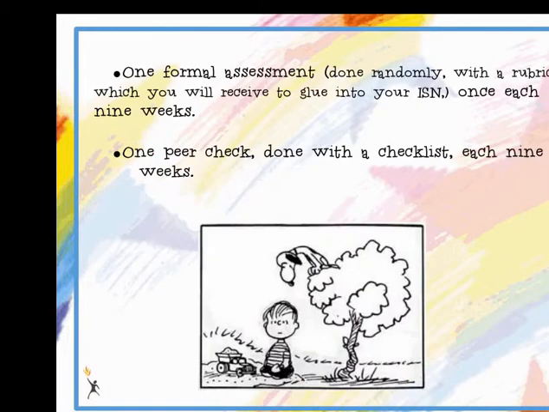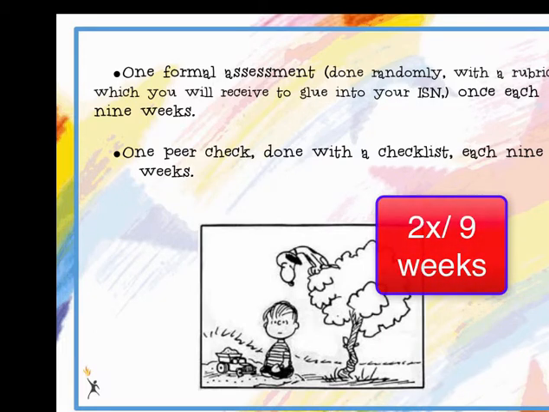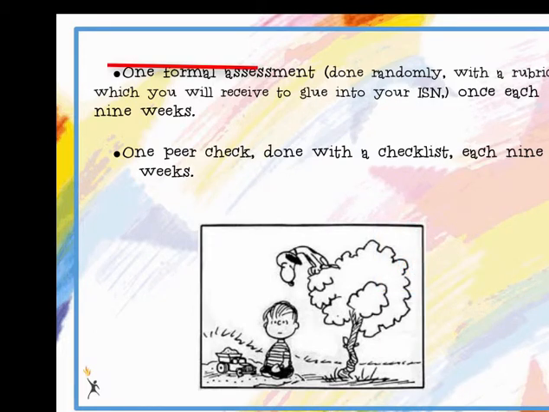You're going to be assessed, or the value of your notebook is going to be checked, twice every 9 weeks. I'm going to do one formal assessment. I'm going to use a rubric to grade it. By random, I mean you never know when I'm going to collect your ISN for that formal assessment. It's going to be once in 9 weeks.